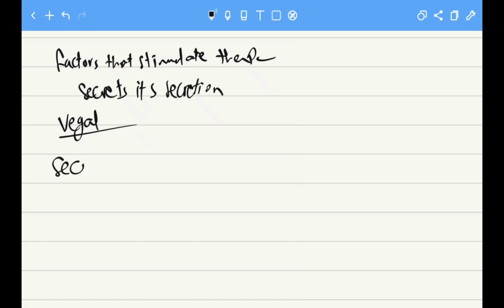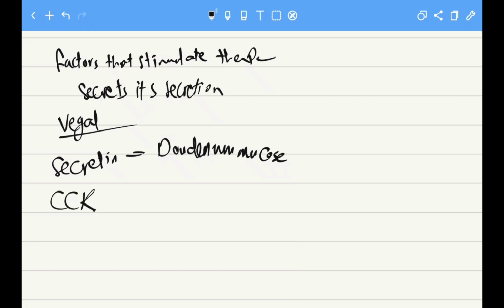And secretin is a hormone produced by the duodenal mucosa. And cholecystokinin is released from the duodenum after fatty food.